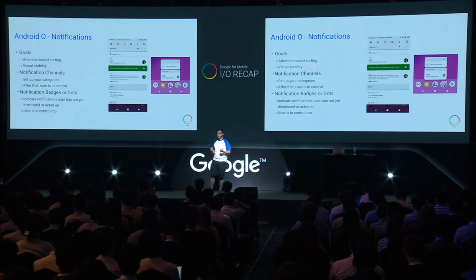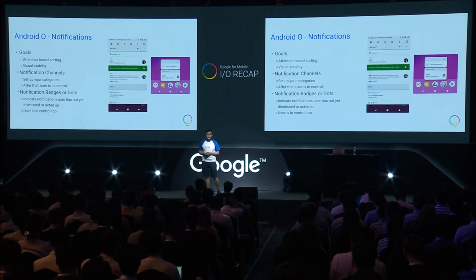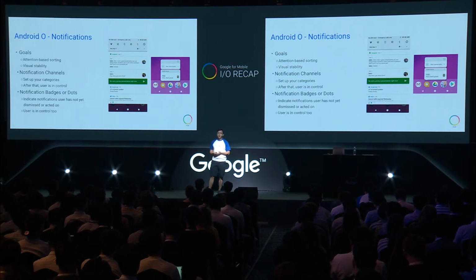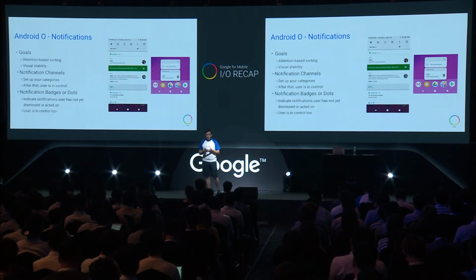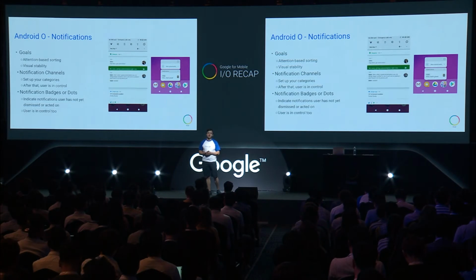And there are 2 things we introduce in O. One is notification channels. I would like to bring to your attention that starting in O, if you target your application to O, you have to have at least 1 notification channel. Otherwise, your notification will not get to your user.